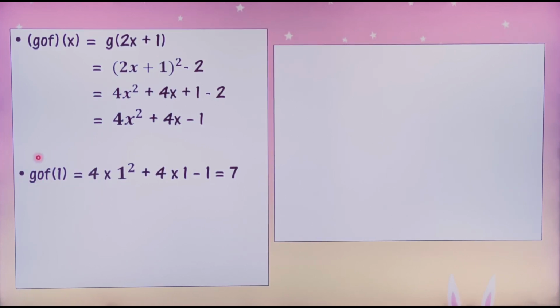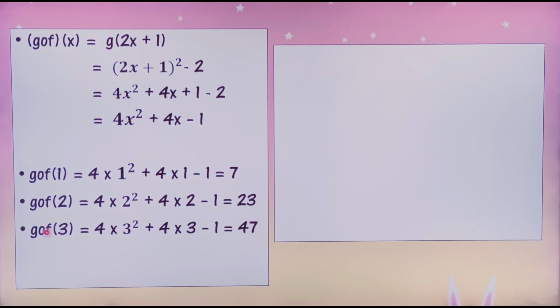Now (g∘f)(1) is equal to 4 into 1 square plus 4 into 1 minus 1, which is equal to 7. (g∘f)(2) is equal to 4 into 2 square plus 4 into 2 minus 1, that is equal to 23. (g∘f)(3) is equal to 4 into 3 square plus 4 into 3 minus 1, which is equal to 47. (g∘f)(4) is equal to 4 into 4 square plus 4 into 4 minus 1, that is equal to 79.